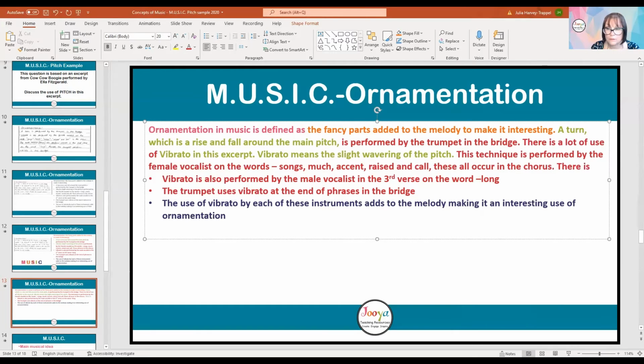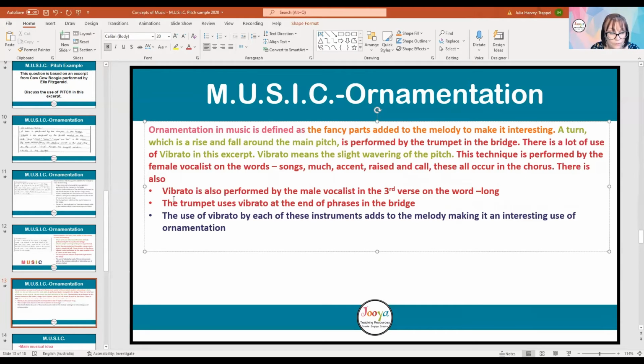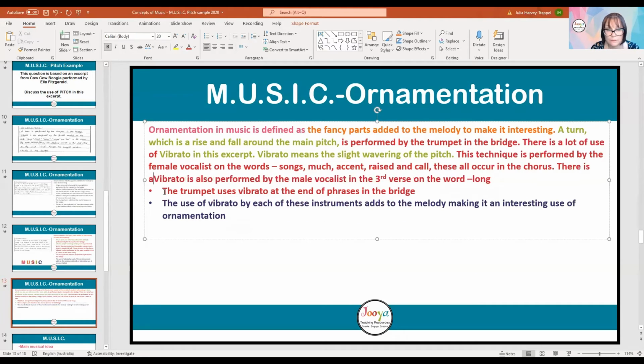Vibrato is also performed by the male vocalist in the third verse on the word long.